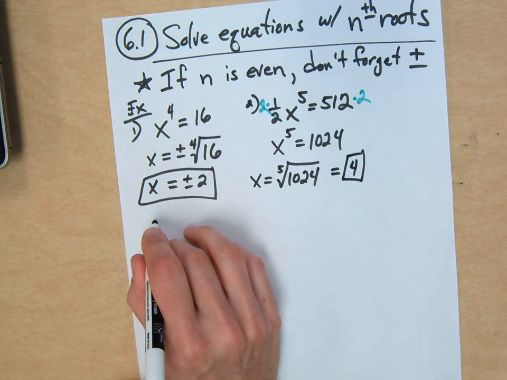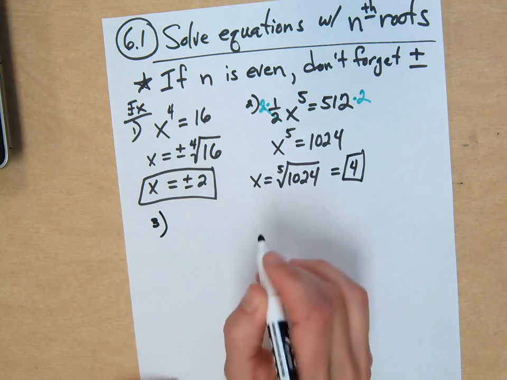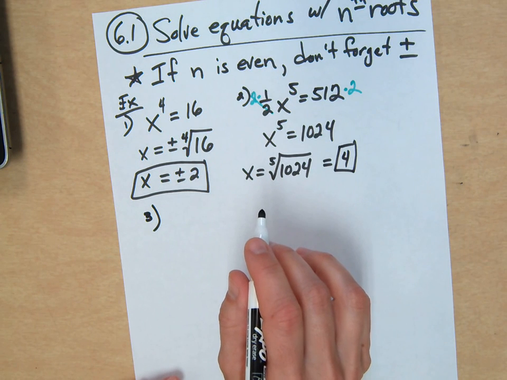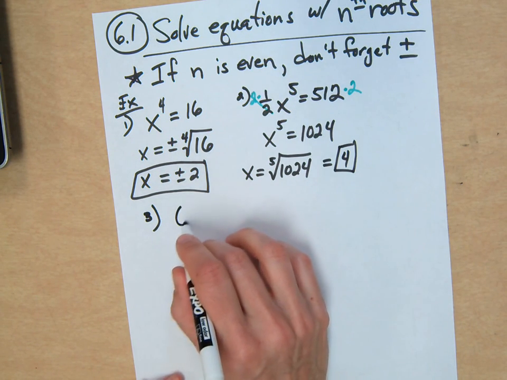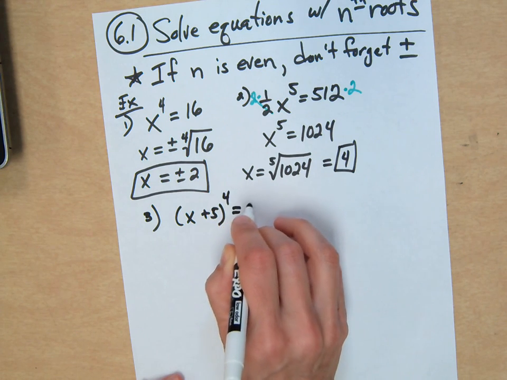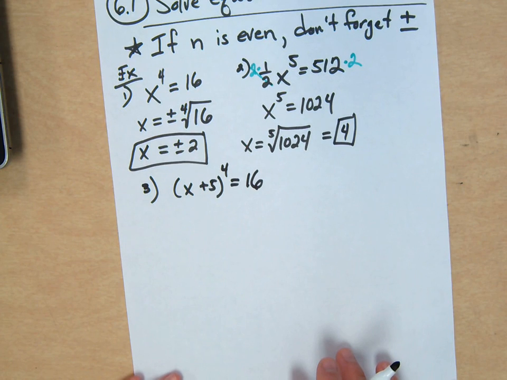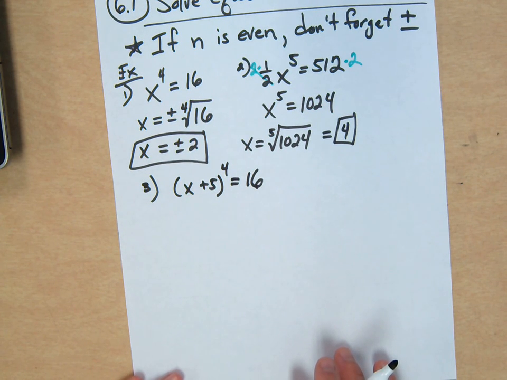So let's try this. Let's do maybe one more. X plus 5 raised to the 4th power equals 16. So what do you want to do?